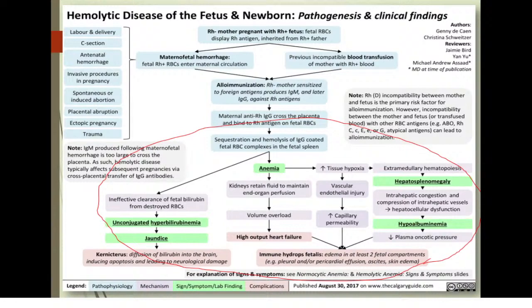Petechiae, purpura, and thrombocytopenia may also be present in severe cases as a result of decreased platelet production or the presence of concurrent disseminated intravascular coagulation.